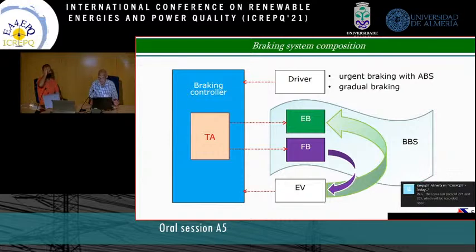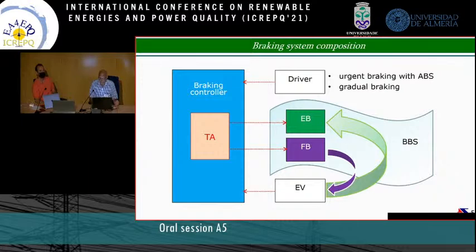For example, he decides whether urgent braking with the anti-lock braking system is required, or maybe gradual braking during downhill driving, or maybe during parking, before lights, and so on. Our system selects between electrical braking and friction braking in the blended braking system, and the electrical vehicle has the required number of sensors to send signals to our braking controller. This is the system under study.